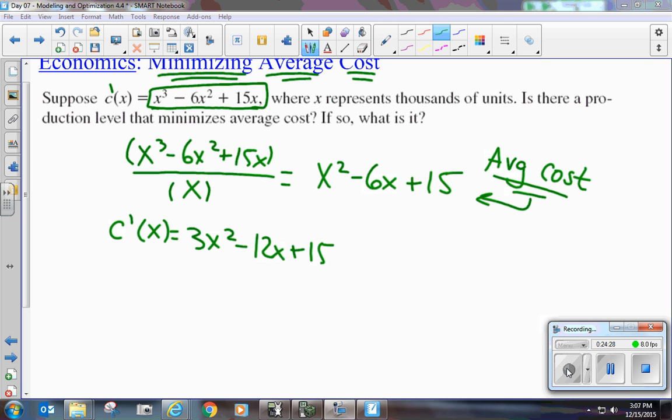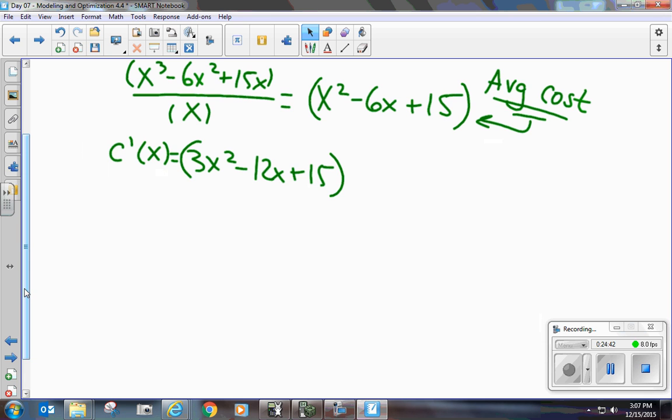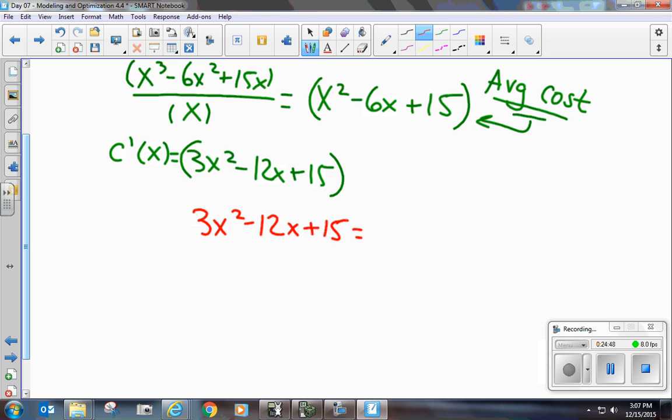So I need to figure out where my min or max is equal to my average cost. Because I will find either the maximum average cost to me or the minimum average cost to me. And I need to set those equal. So, I have 3x squared minus 12x plus 15 equals x squared minus 6x plus 15.